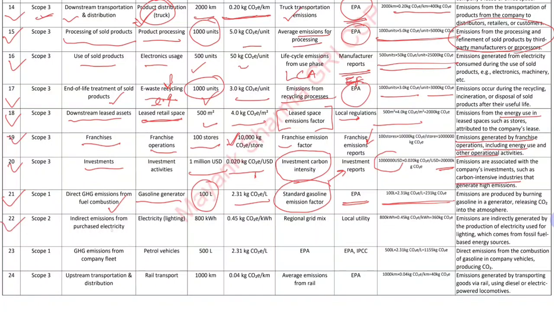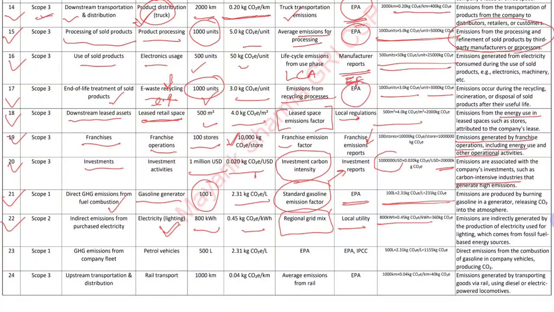Then Scope 2 again, indirect emissions from purchased electricity, which we have discussed, like electricity use for lighting or illumination purposes. This is the total quantity of electricity consumed. The emission factor comes from the regional energy grid mix or electricity mix, local utilities, and of course the electricity consumption multiplied by the emission factor gives you the answer.